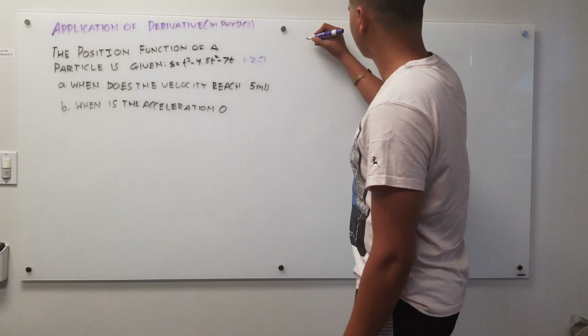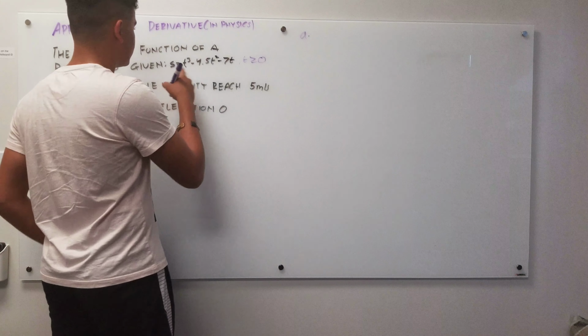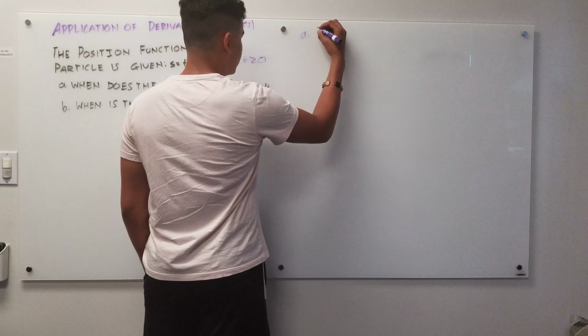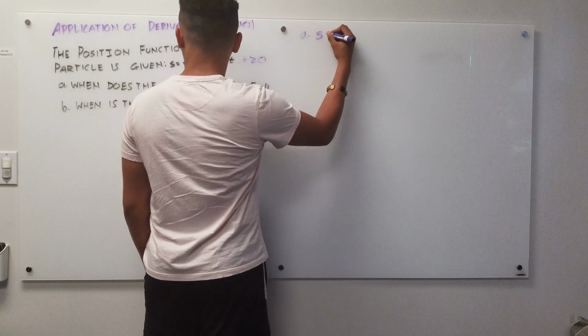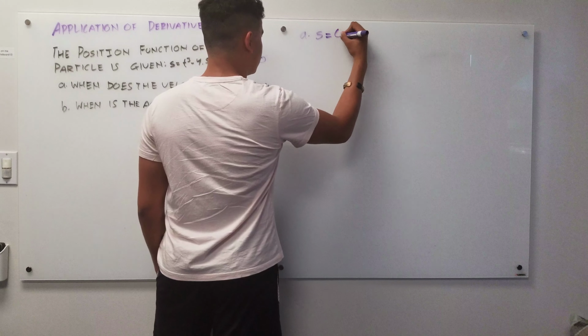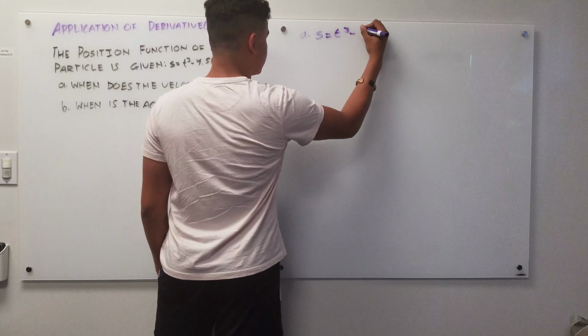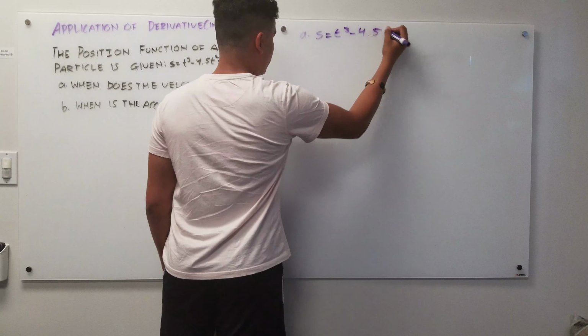Part A. Now we know the velocity is the derivative of the distance, so let's take the derivative of the first one first. So s is equal to t cubed minus 4.5t squared minus 7t.